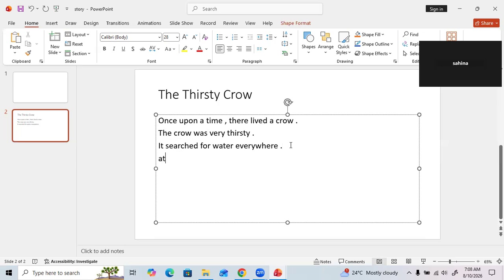Next. At last, it found a pitcher, or you can say a pot. There was little water in it.